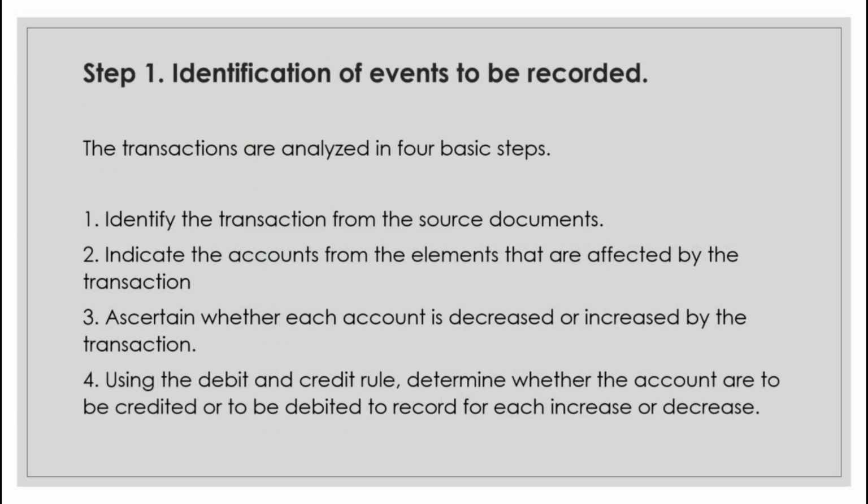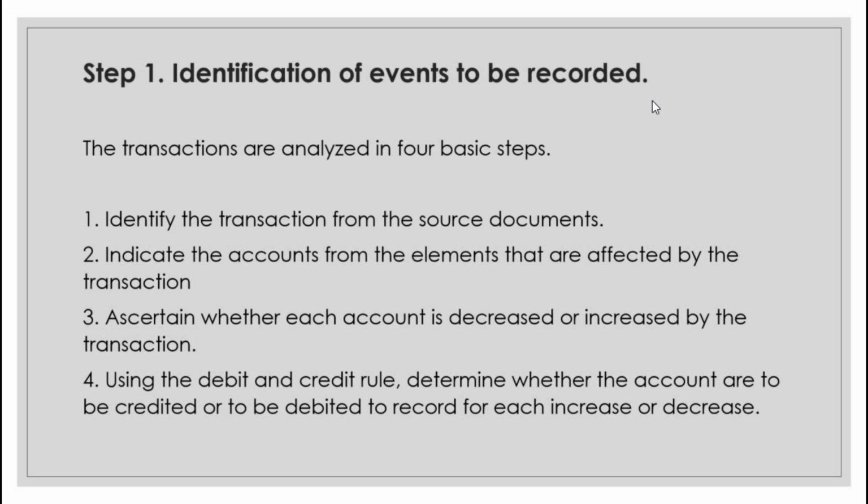Okay, so let us proceed to step 1. Step 1 of the accounting cycle is the identification of events to be recorded. In this particular step, this is what we did in the financial transaction worksheet in the previous lesson, wherein you have to identify the transactions which are accountable.